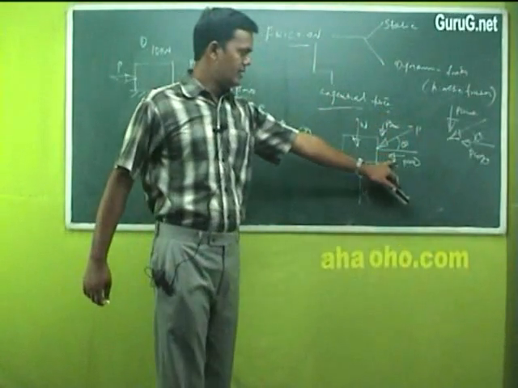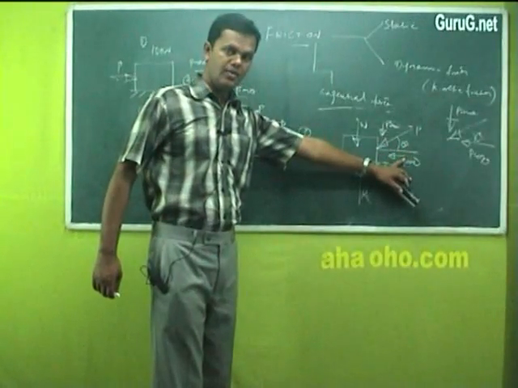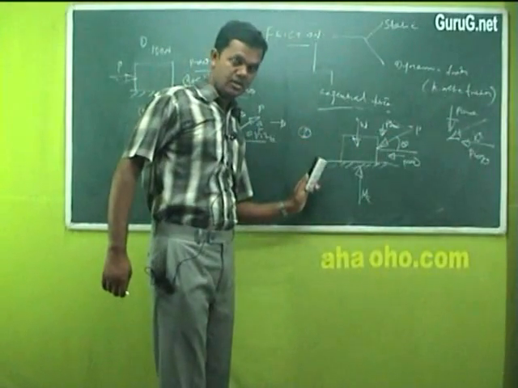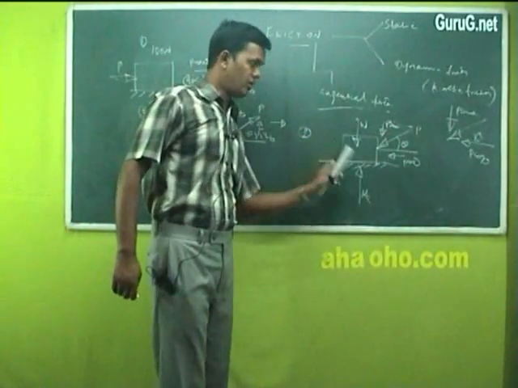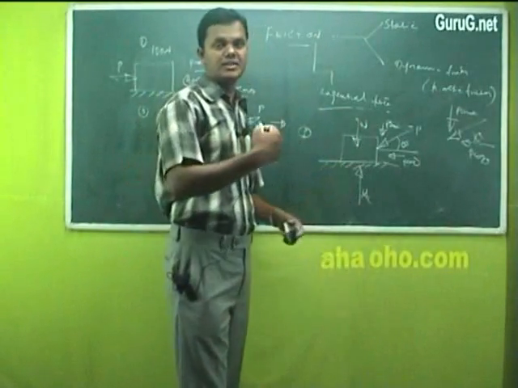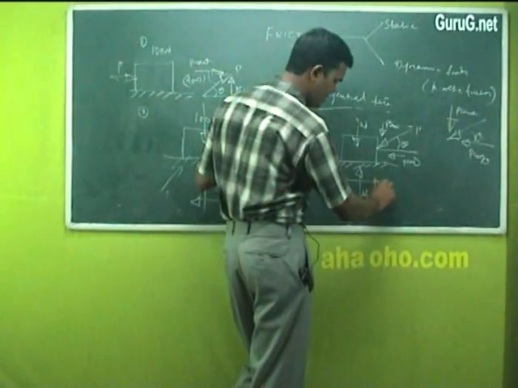Now here, the resolved component P cos theta will try to push the body towards left hand side. And kindly remember, we are bothered about the direction of motion of the body and its opposing resisting force, that is frictional force. Now where will be my frictional force here?